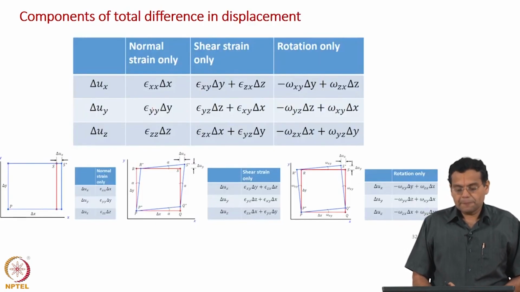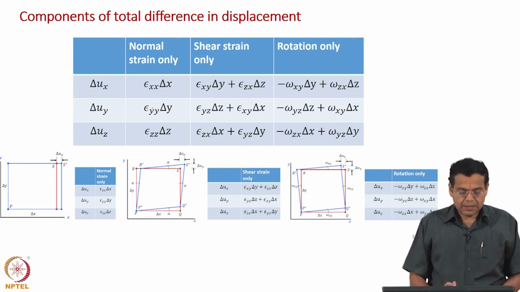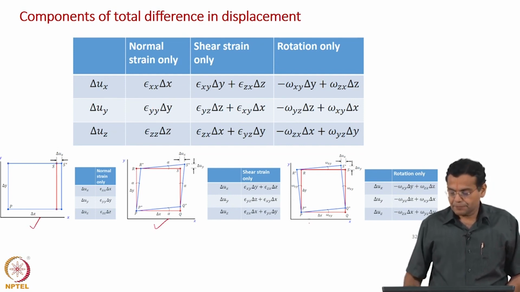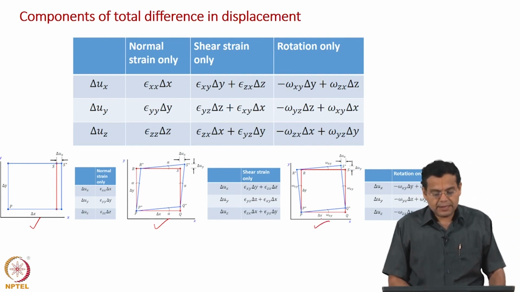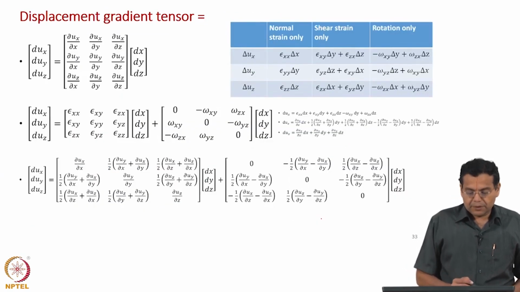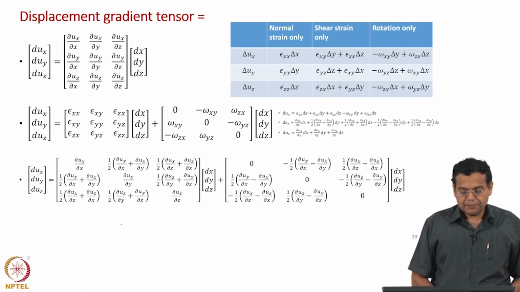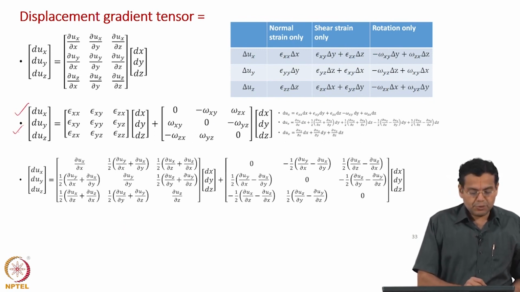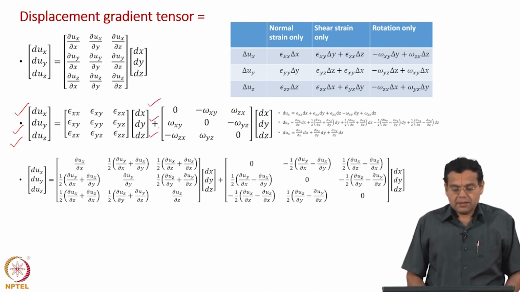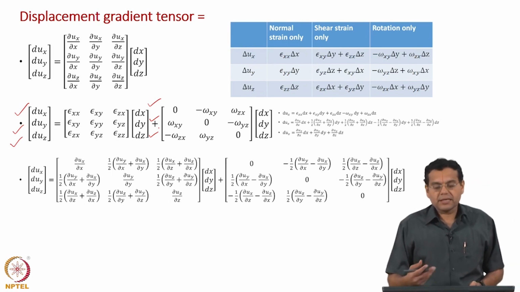Second, what we did was we looked at the components of total displacement. We considered normal strain only, shear strain only, rotation only, and then once again got an expression between dux, duy, duz and dx, dy, dz, and the second way was more physical, because we considered the normal strain, shear strain and then rotation.